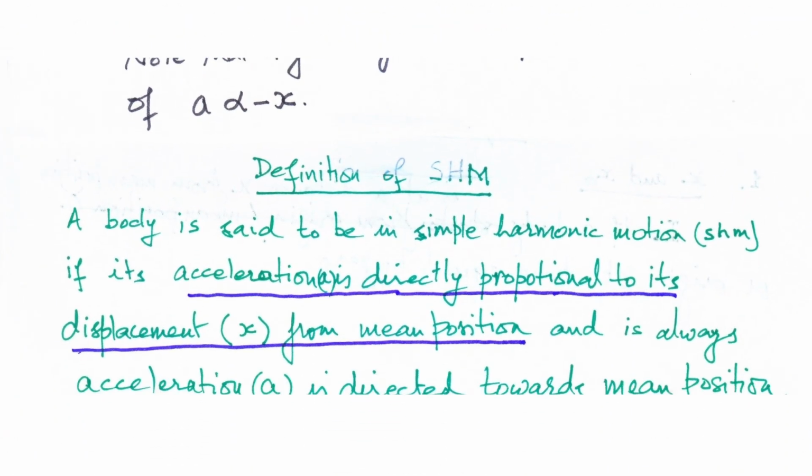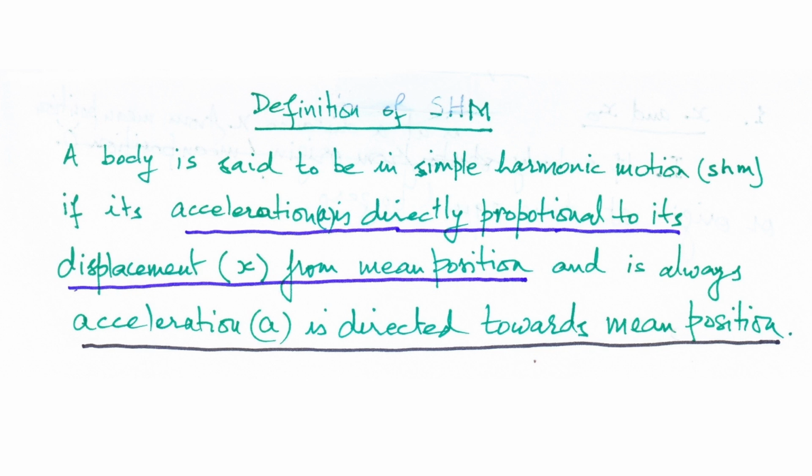The definition of simple harmonic motion: I have written the definition as, a body is said to be in simple harmonic motion if its acceleration is directly proportional to its displacement x from the mean position, and acceleration is always directed towards the mean position. Whenever the definition of simple harmonic motion is asked in the question paper, it will carry at least 2 marks.